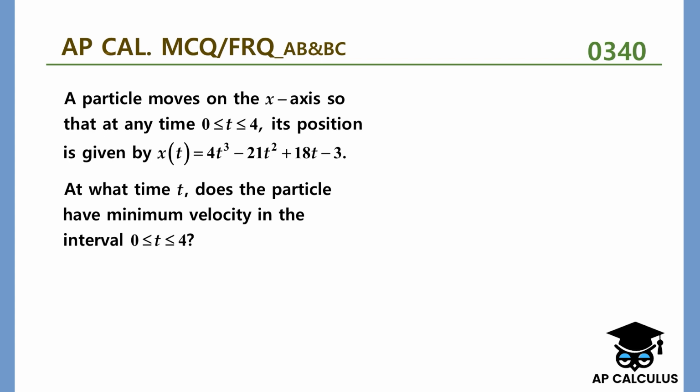Question 340. At what time t does the particle have a minimum velocity in the interval from 0 to 4? Let's say we are trying to find the absolute minimum of f on the interval from a to b.